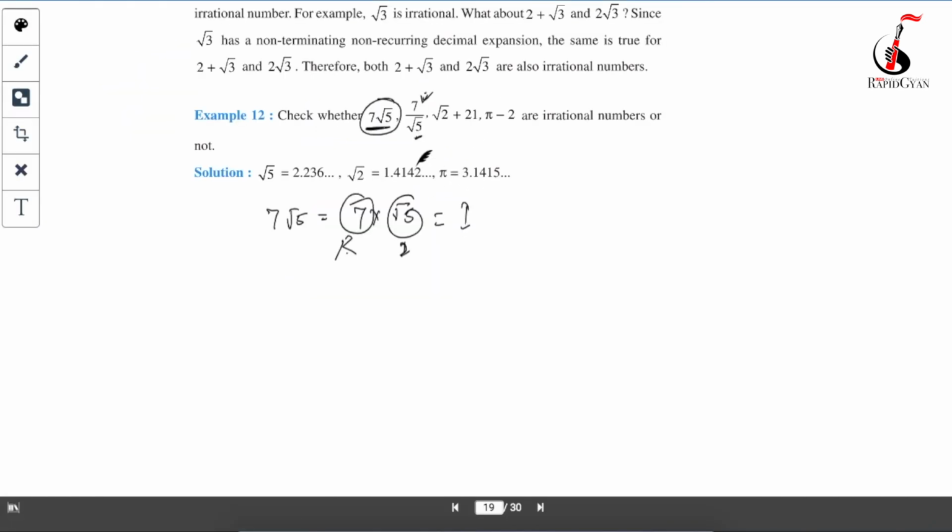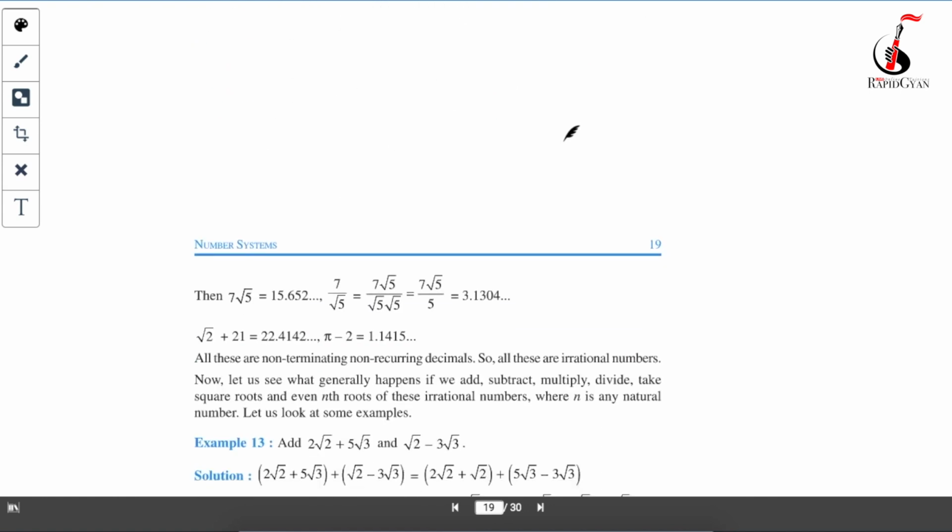Look into this: irrational plus rational will again give irrational. This is pi minus 2. Pi is your irrational number, so irrational minus rational will again give an irrational. All four are irrational numbers. Hope you guys understand this.